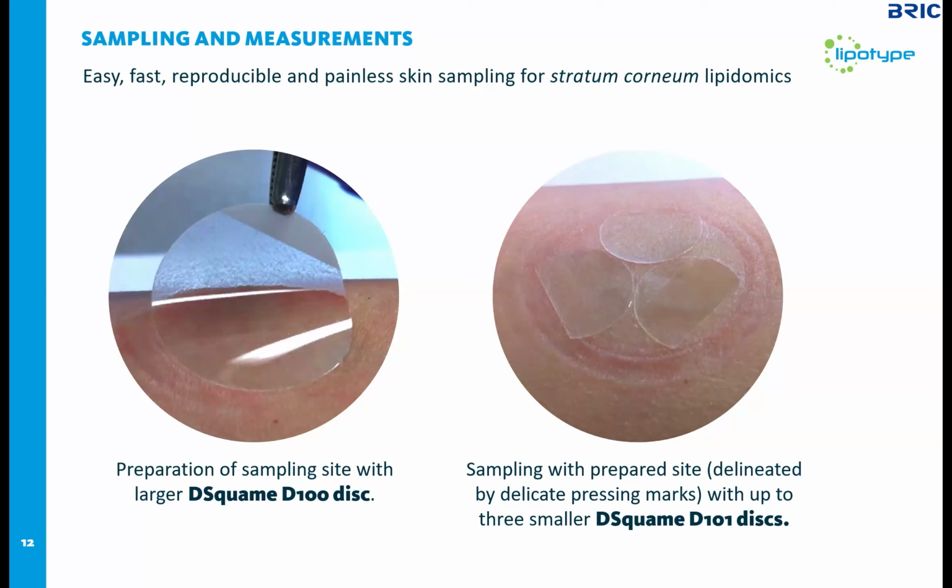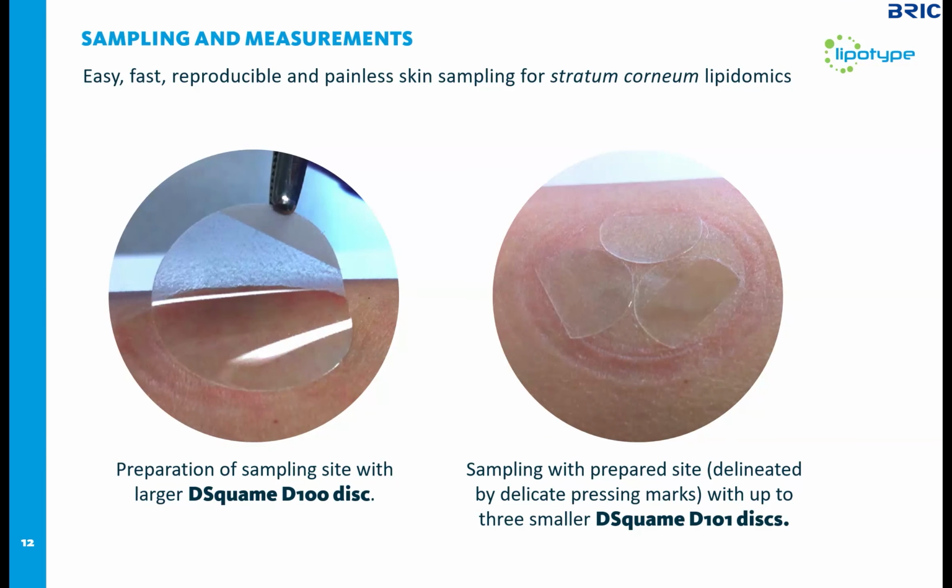There is a preparatory step with a large D-Squame D100 disc, which allows us to remove all of the debris from the surface of the skin. It also enables us to remove any potentially present contaminants from personal care products if they were not washed off or the washout period was not sufficiently long.